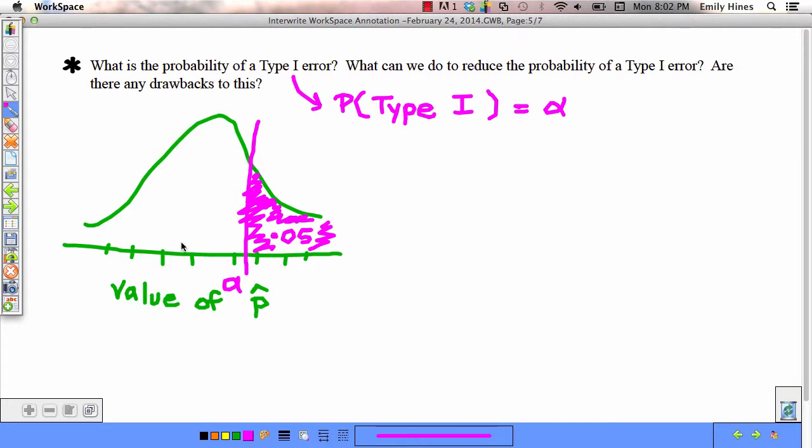Because if it is, then you probably want to reduce alpha and make it smaller than what it actually is. Okay? Are there drawbacks to this? Yes, there are. If you reduce the value of alpha, while your probability of committing an error is going to be less, so is the probability of rejecting the null. So if it really is false, if you really should reject it, you're going to have a lower probability of accurately doing so because you're trying to reduce the fact that you might make an error.